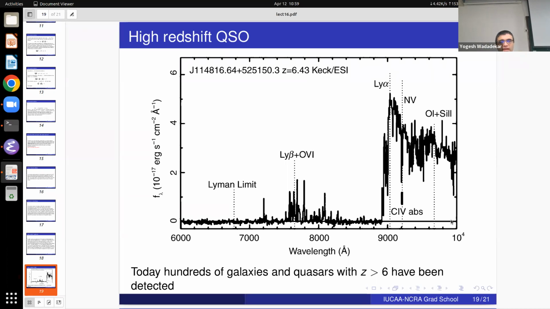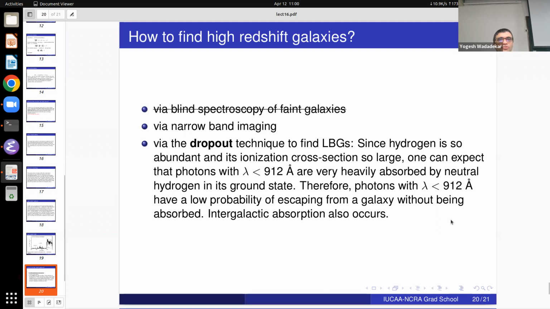So today, hundreds of galaxies and quasars with redshift greater than 6 have been discovered using this technique. So how do you find high redshift galaxies? To summarize, first of all, don't do blind spectroscopy of faint galaxies. That doesn't work.